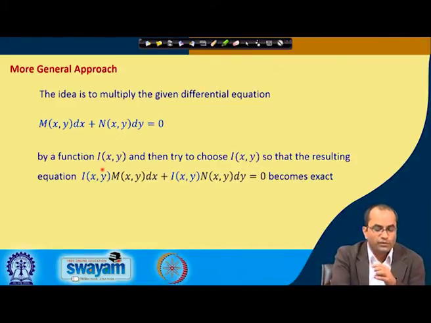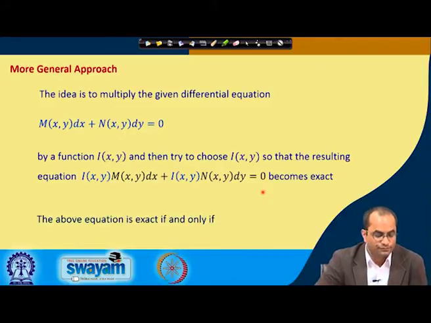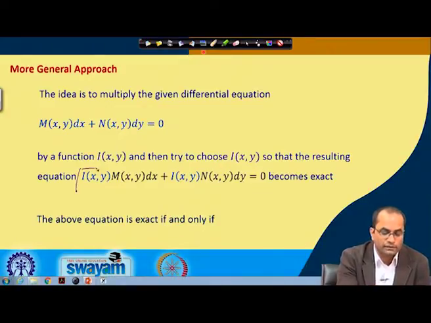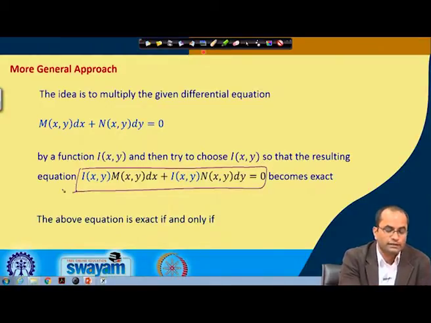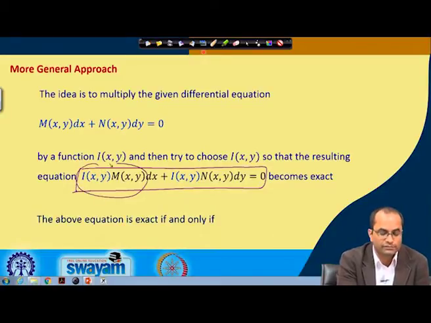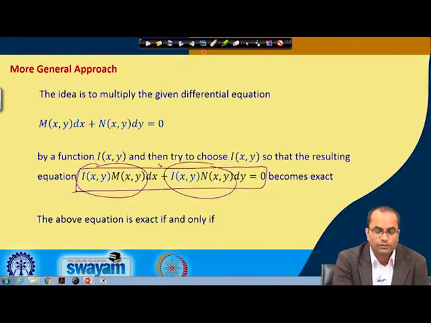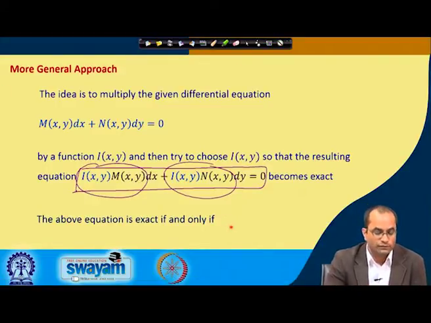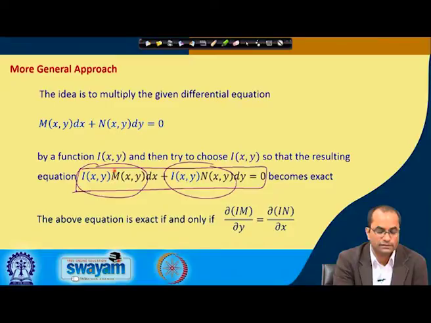So, this is the point where we will now proceed. We know the if-and-only-if condition, the necessary and sufficient condition, for this equation to be exact: the partial derivative of IM with respect to y must be equal to the partial derivative of IN with respect to x. So, this equation is exact if ∂(IM)/∂y is equal to ∂(IN)/∂x.